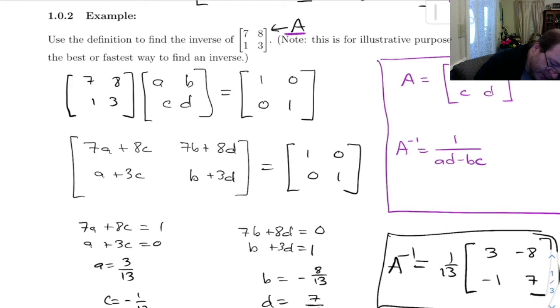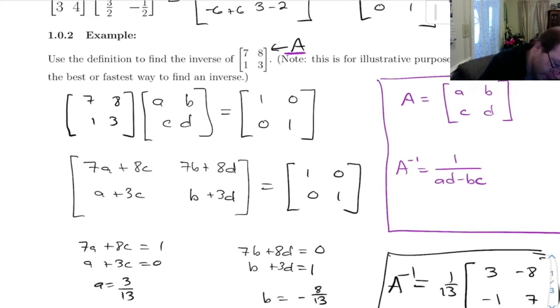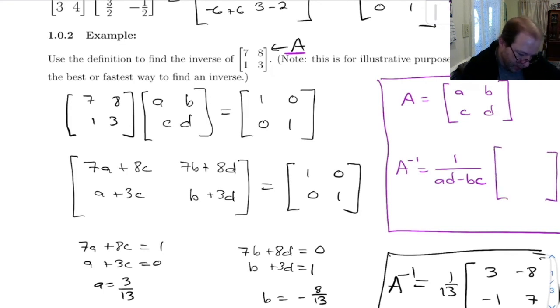Now notice what that is. That's this diagonal product minus that diagonal product. So you can take AD minus BC, then times, I'm going to read this off of the example we did. Here we had 7 and 3. Notice down here we have 3 and 7. So D and A switch places.